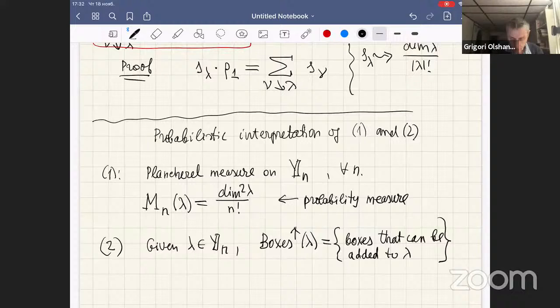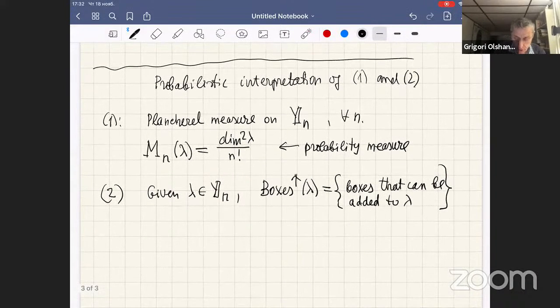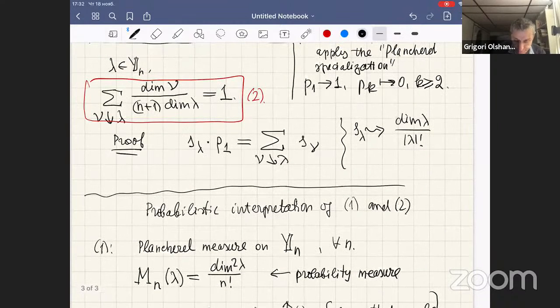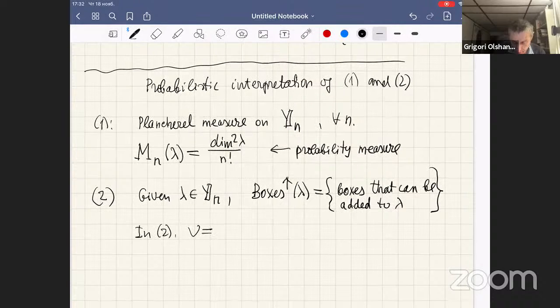And 2, so identity 2, I recall it. Here we look at this nu. So nu is obtained as follows.